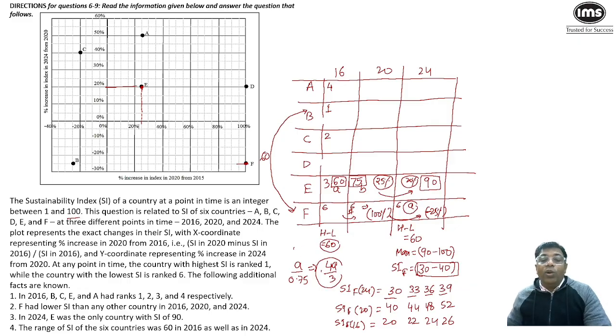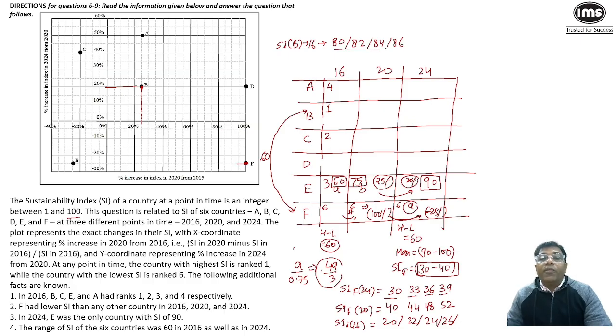So if SI of F in 2016 is 20, 22, 24 or 26, we can calculate the SI of B in 2016, which will be 60 more than the SI of F. So this could be 80, 82, 84 or 86.